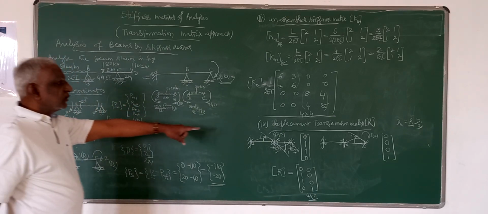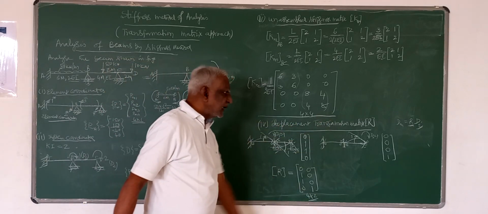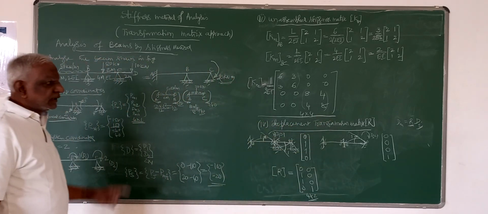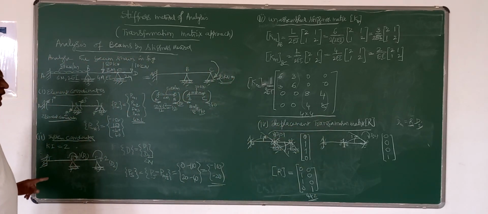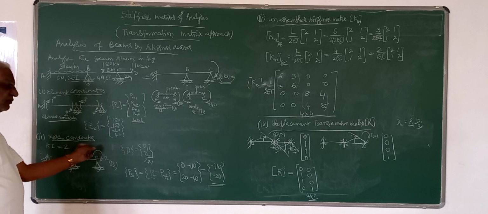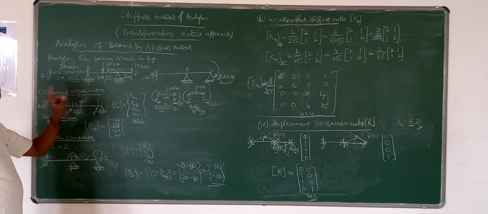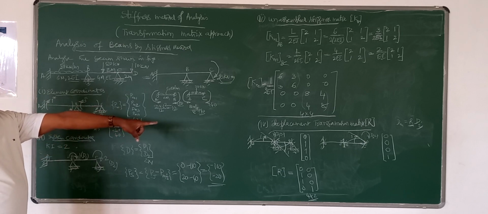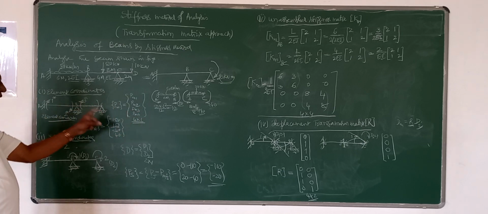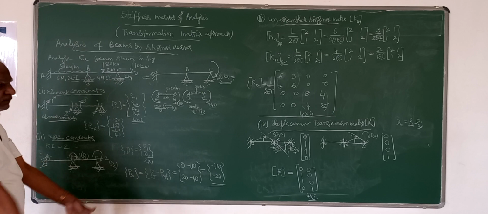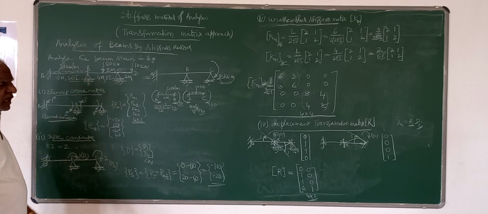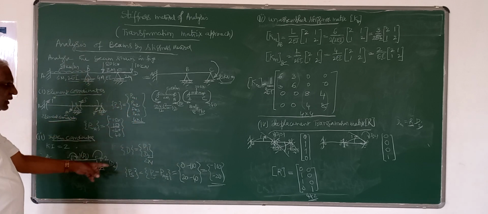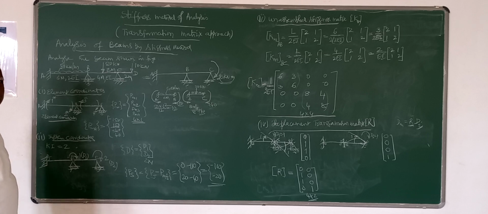Fourth step, I have to determine this displacement transformation matrix by giving unit displacement along the global coordinate system successively, one at a time, and calculate the displacements corresponding to that at all element coordinates. So that will give you the columns, each column of that displacement transformation matrix.